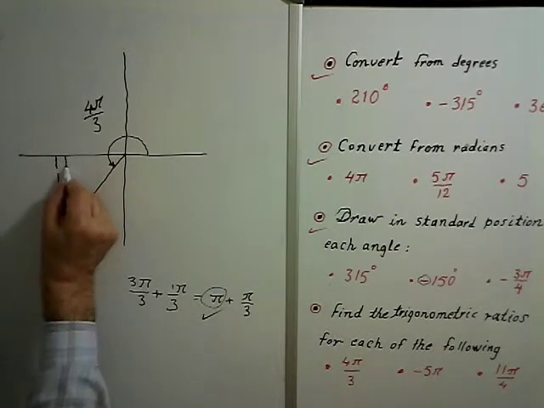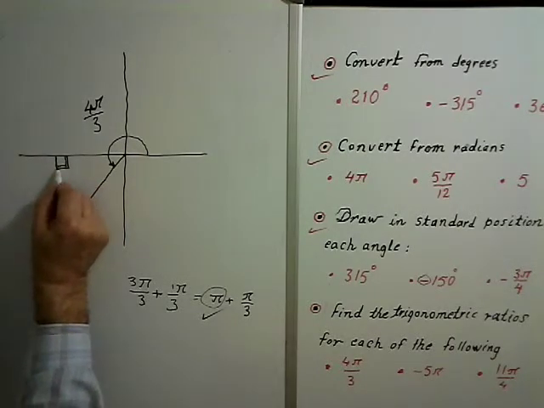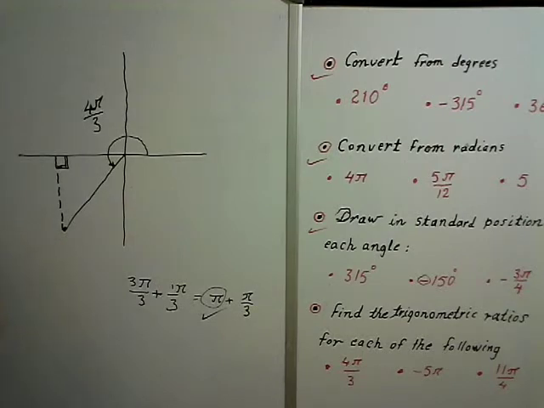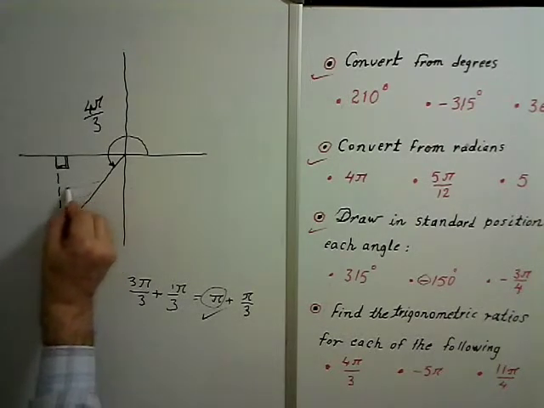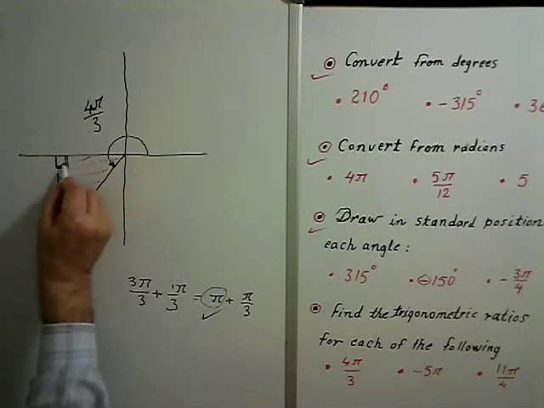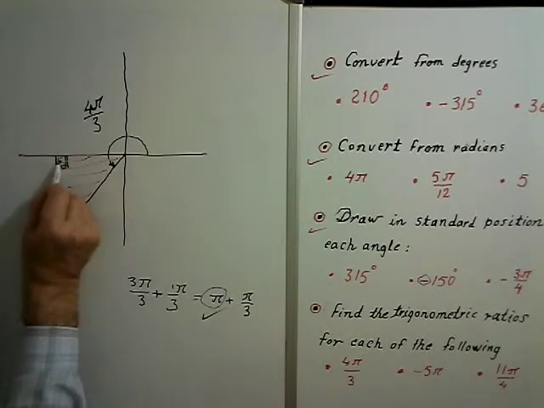So here is a right angle. Then this triangle here is a right angle triangle.